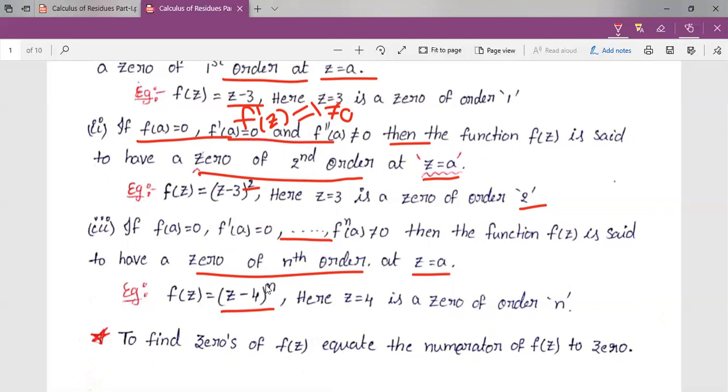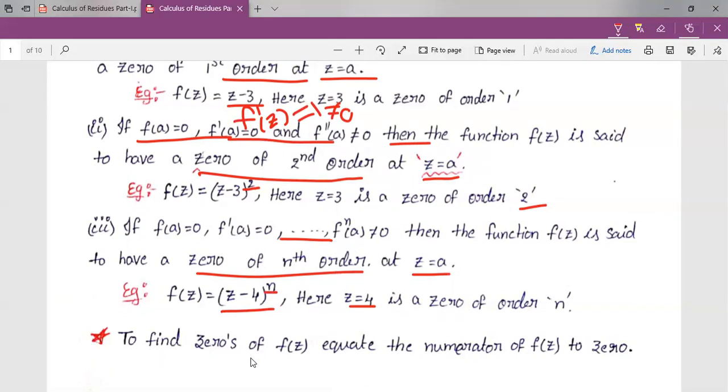Based on this power, we can denote the order of the zero easily. So here z equals 4 is a zero of order n, or otherwise we can observe the conditions of the nth order zero.